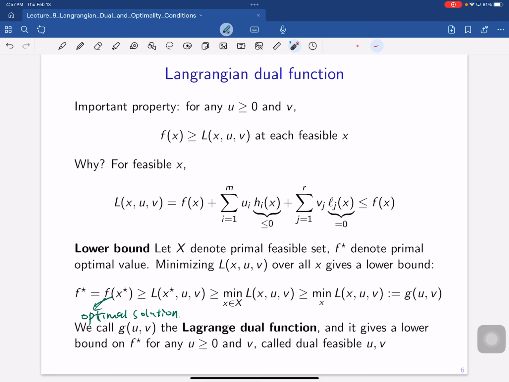So first of all, we are arguing f of x star, evaluated at the optimal solution, is greater than or equal to this Lagrangian at the optimal solution. Why is this true?